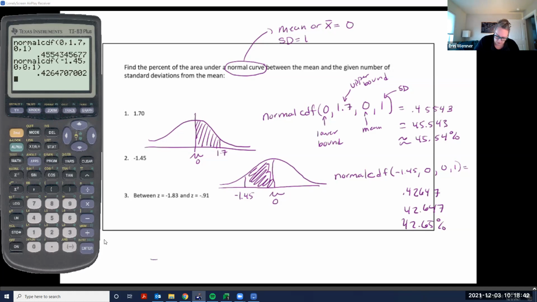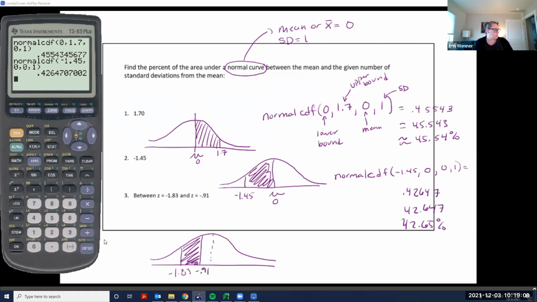So again, if we do a drawing of this, we've got our mean in the middle. We have a lower bound of negative 1.83 and an upper bound of negative 0.91. And we're looking at the space in between here. So I want you to calculate this one on your own.